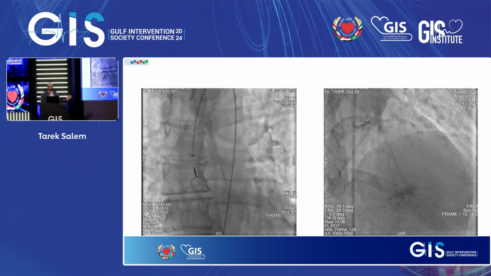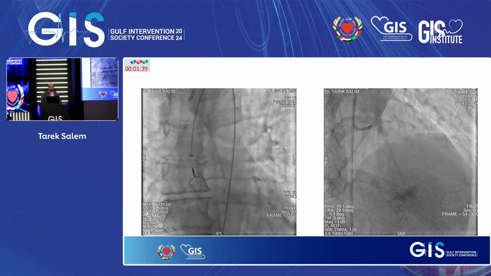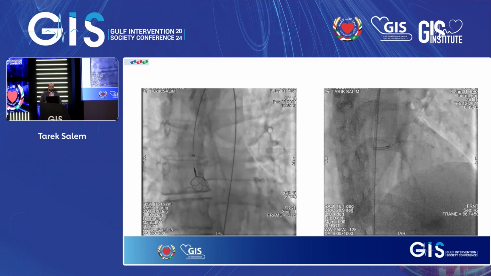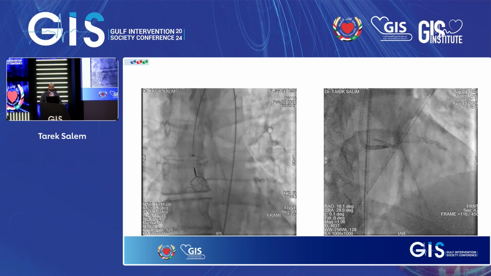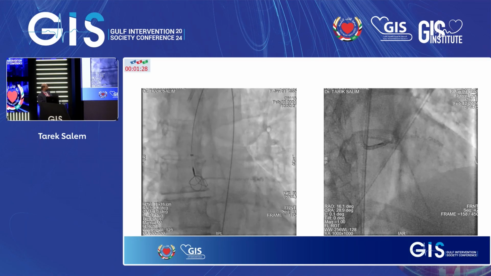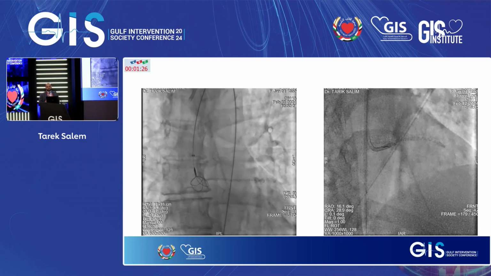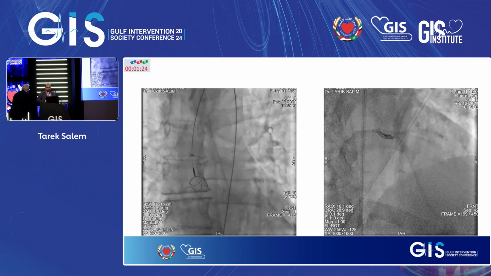So this is what happened. I went femoral, took a second guide, and you can see now on the left side of the screen, or your right side, that the stent got stuck, snared. Sorry.